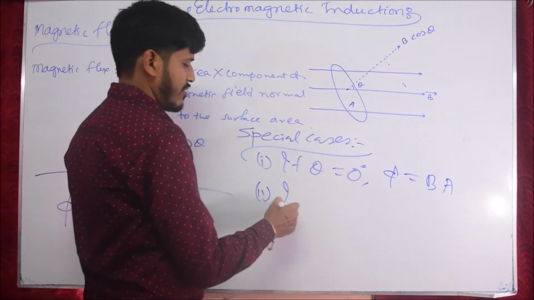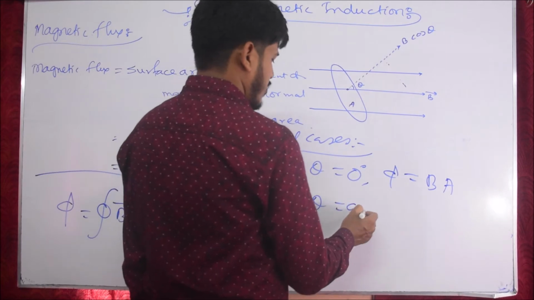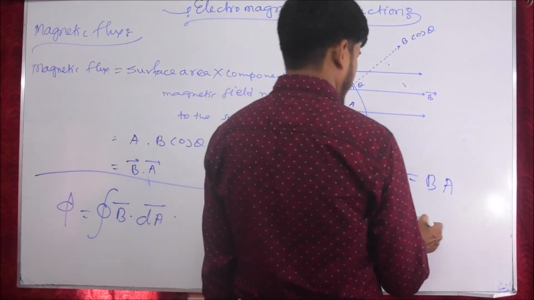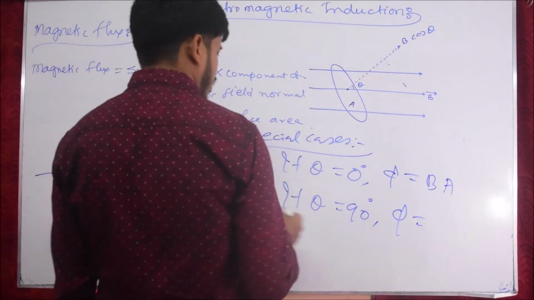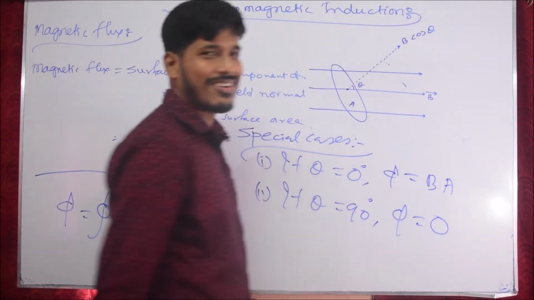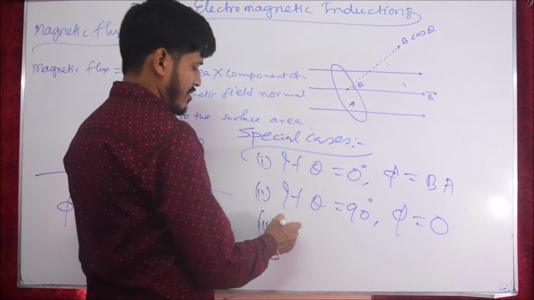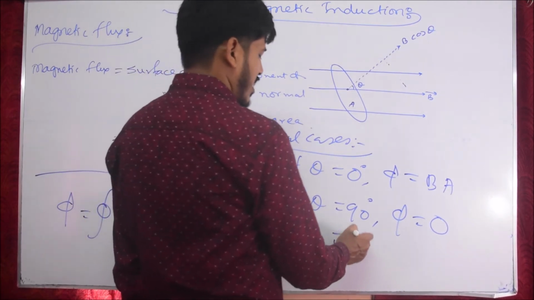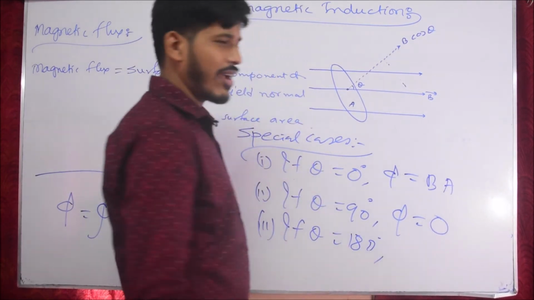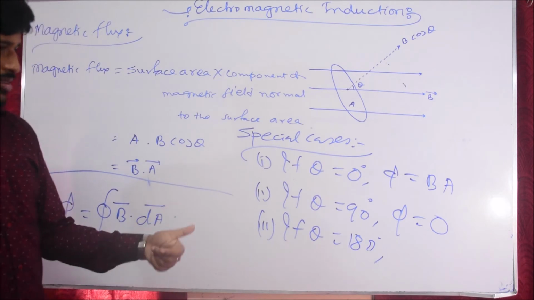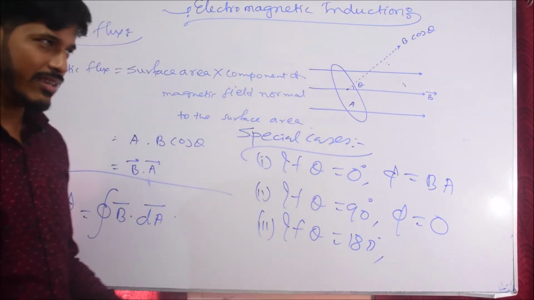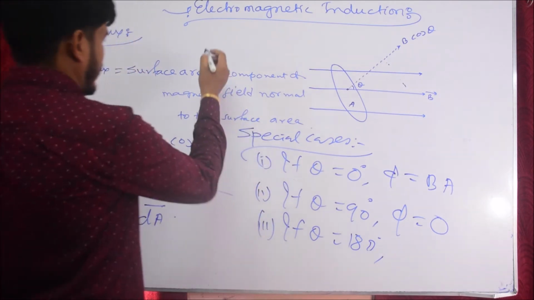If theta equal to 90 degree, cos 90 is 0, phi is equal to 0. If theta equal to 180 degree, cos 180, right, now like that.